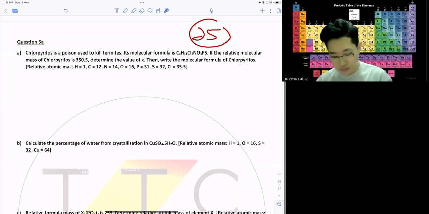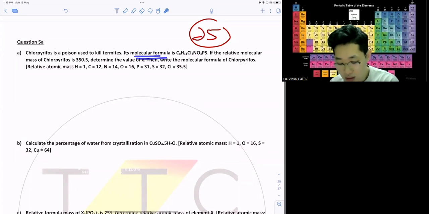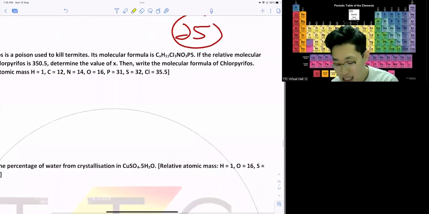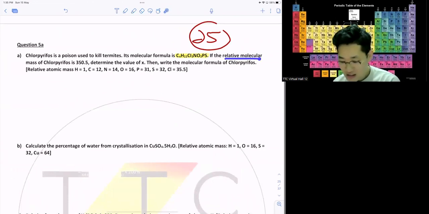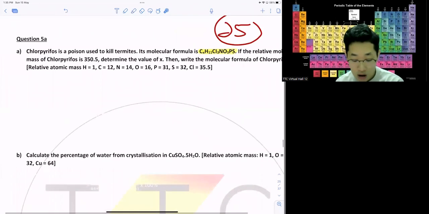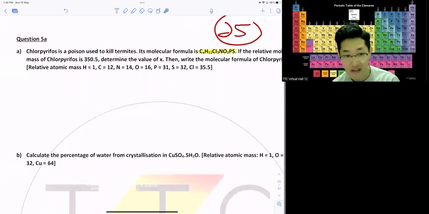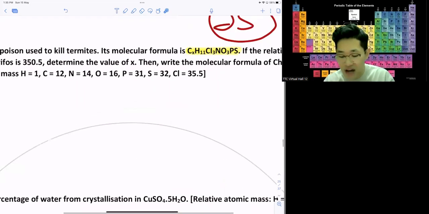So first, this question, you see, it says the molecular formula given is CxH11Cl3NO3PS. If the relative molecular mass of this chlorpyrifos is 350.5, determine the value of X. So they want to find the value of X here.